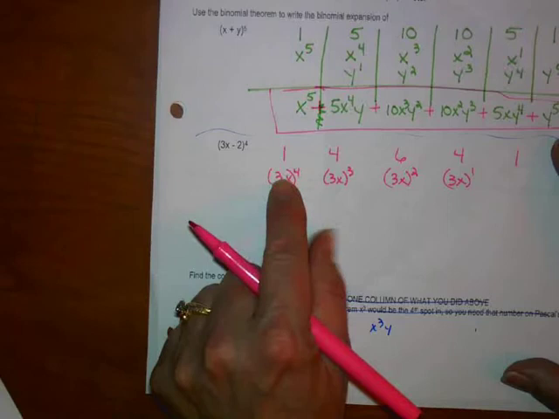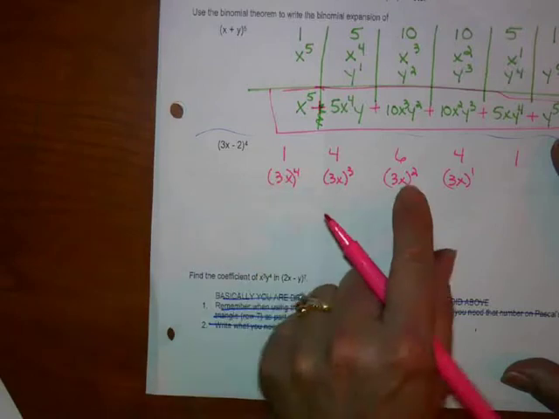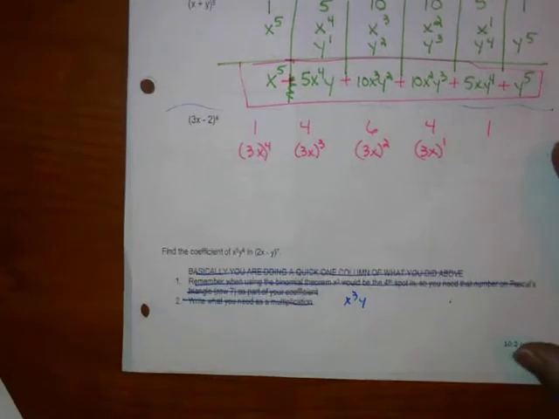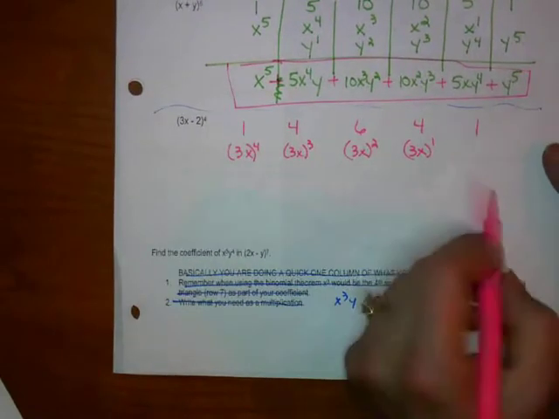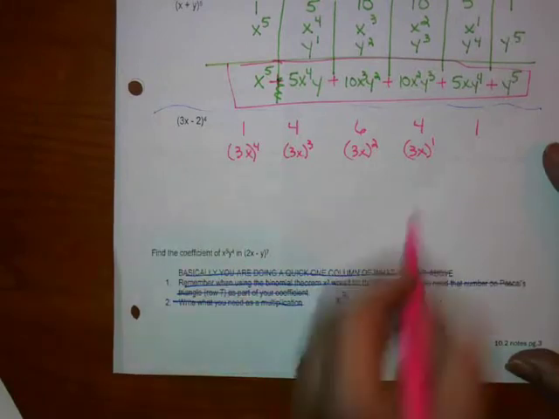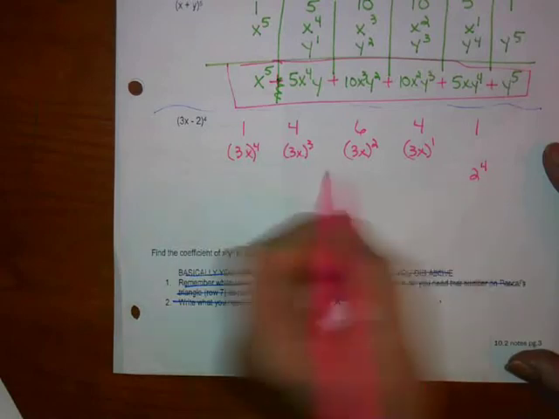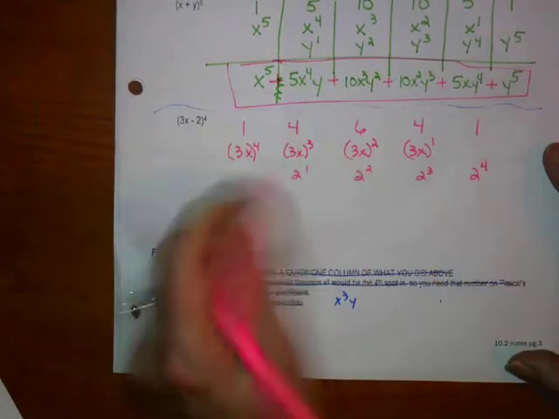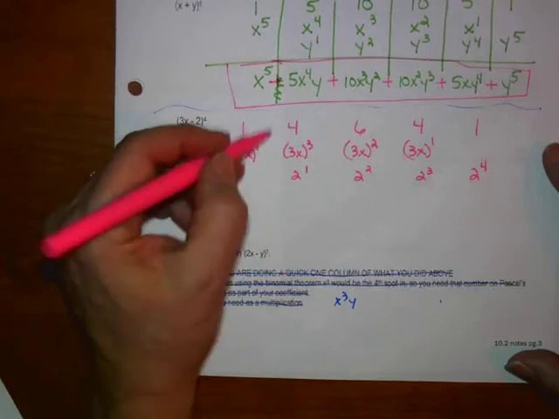So important that you put the 3x in parentheses, otherwise you will not get the right answer. And that's a common mistake. Students forget to do that. Then you write the second term down and you go from right to left. So you don't have to worry about the minus right now, and I'll show you why. You just do 2 to the fourth, 2 to the third, 2 squared, and 2 to the first, and you will have an empty spot here.